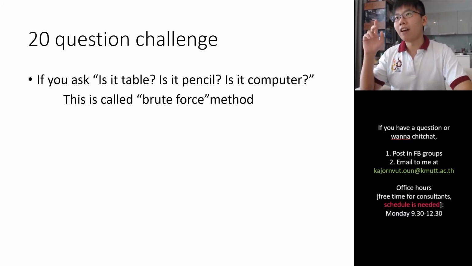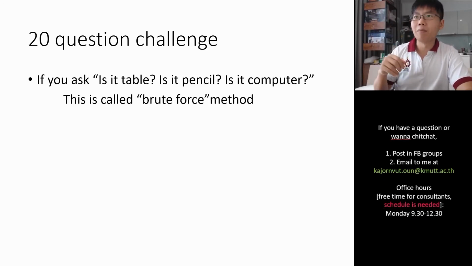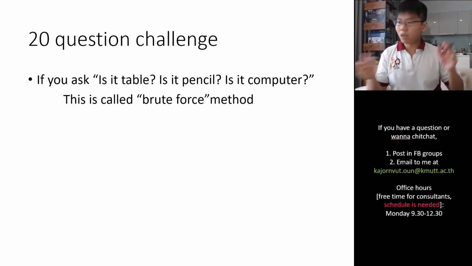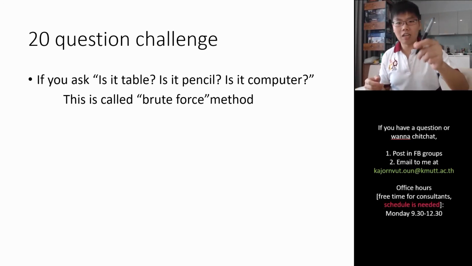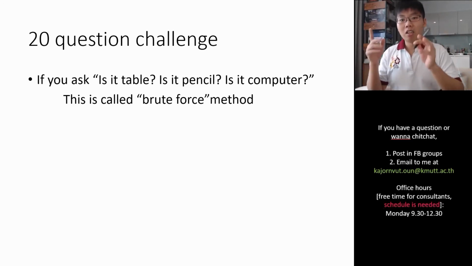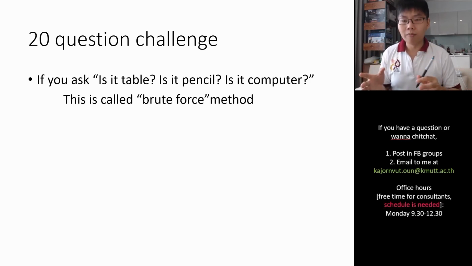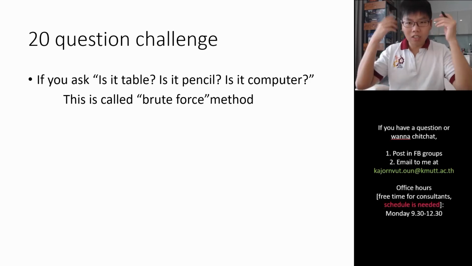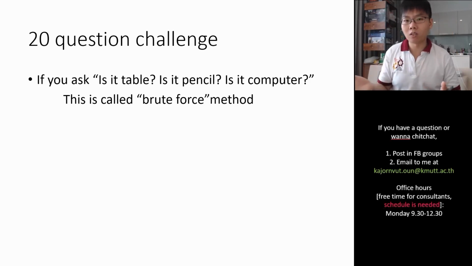So there are two types of people most of the time. One type will ask, is that a table, is that a pencil, is that a microphone, is that this PC, is that a pen? So they ask item by item, one by one. And in the computer's way, or the way of thought, we might call it a brute force process.